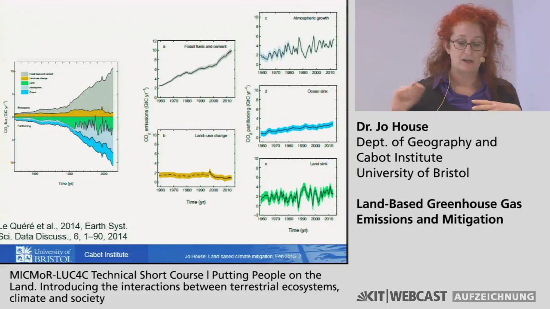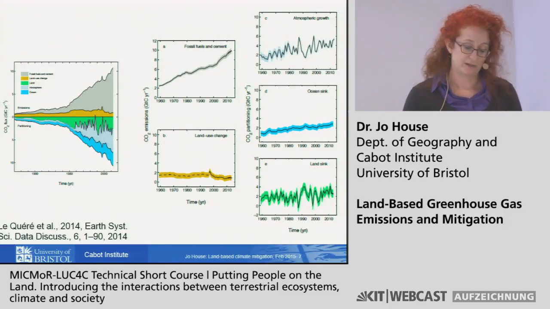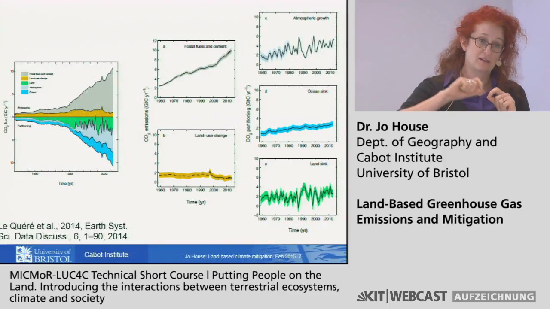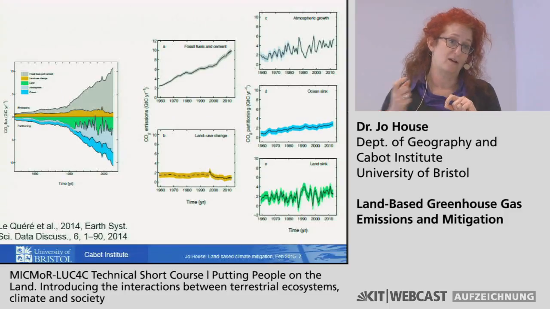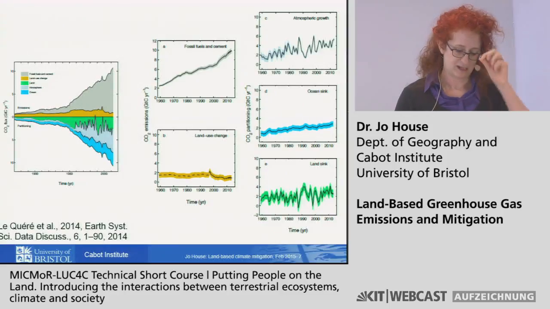So to reflect what's in the other methods, and also because we can update it annually, we're just using the annual anomalies from Guido's satellite fire data on top of the Houghton to give us that interannual variability and give us the latest year.